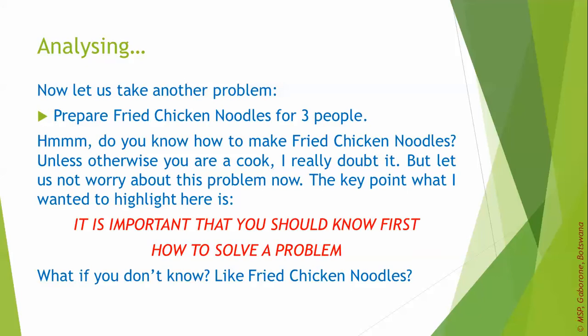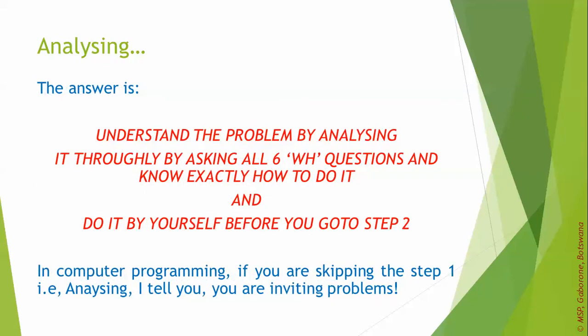Like fried chicken noodles? The answer is understand the problem by analyzing it thoroughly by asking all the 6 WH questions and know exactly how to do it, and do it by yourself before you go to step 2. In computer programming, if you are skipping the step 1, that is analyzing, I tell you, you are inviting problems.